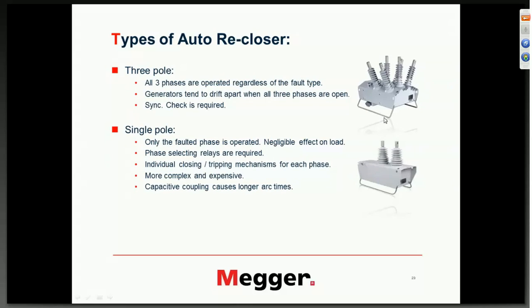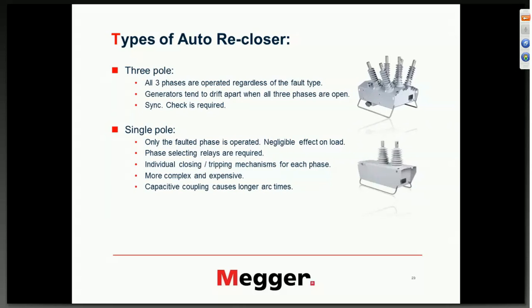So in case of a three-pole auto reclosure, whenever there is a fault on a single phase, like A to neutral, or B to neutral, it doesn't matter if it is A to neutral, B to neutral, or A to B, B to C fault, or whatever it is.